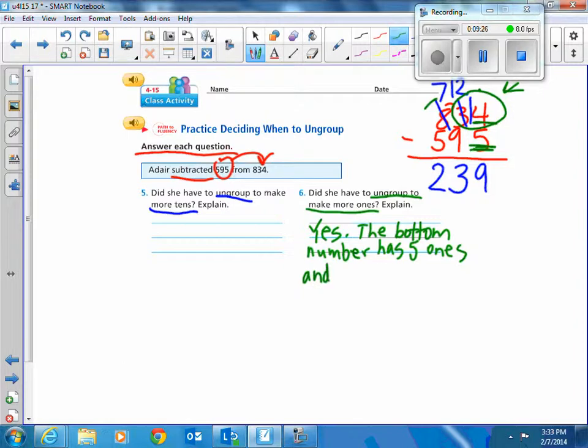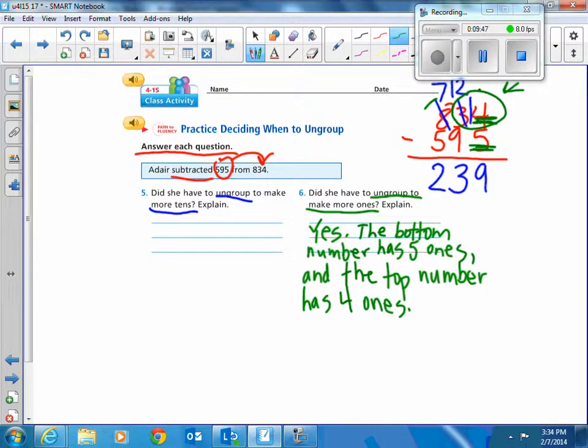And the top number, how many ones does the top number have, boys and girls? Let's look at that top number. How many ones does it have? That's right, it has 4. So the bottom number has 5 ones, and the top number has 4 ones.